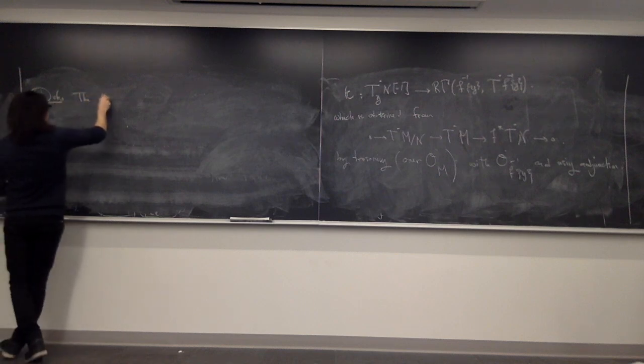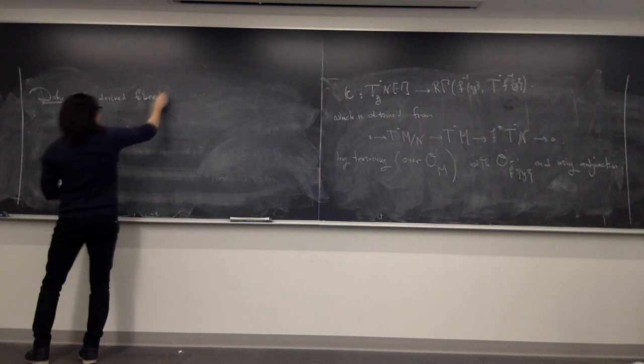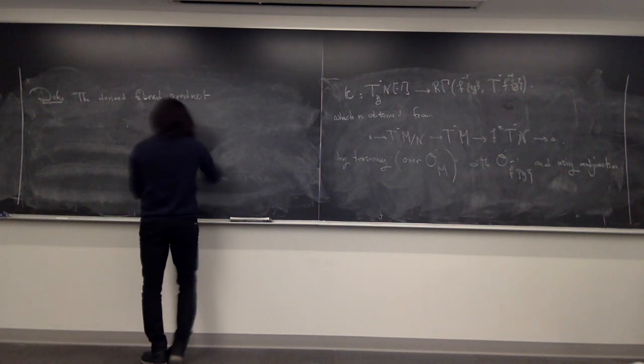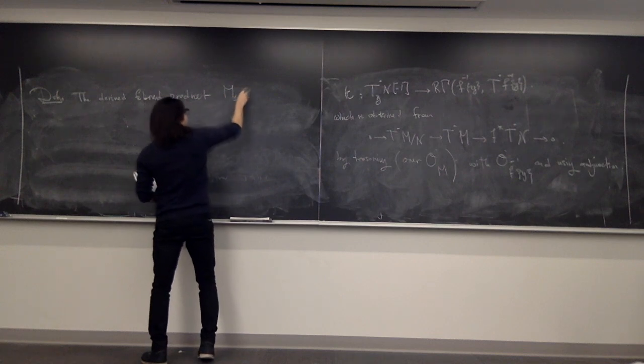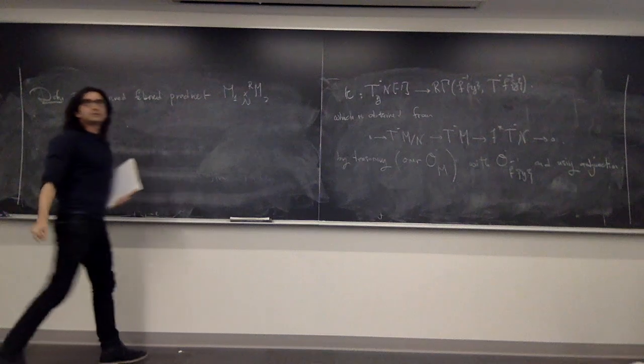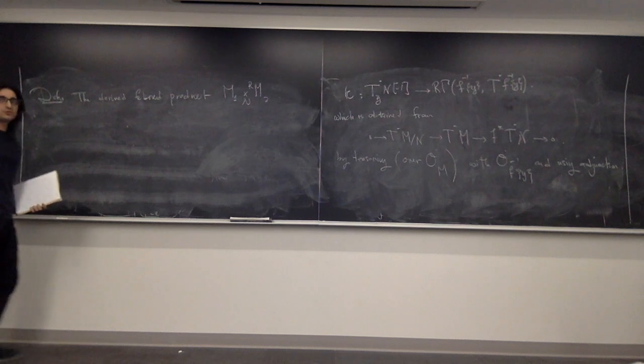Okay. Now definition. The derived fiber product, it's written like this. Derived fiber product of M1 and M2. Well, can you guess how it is defined?